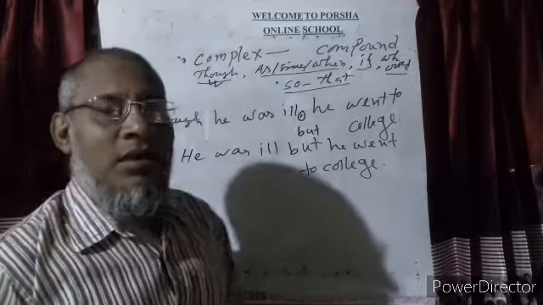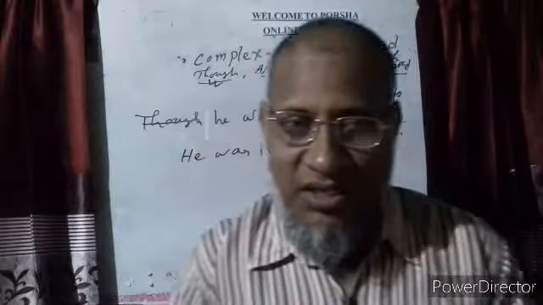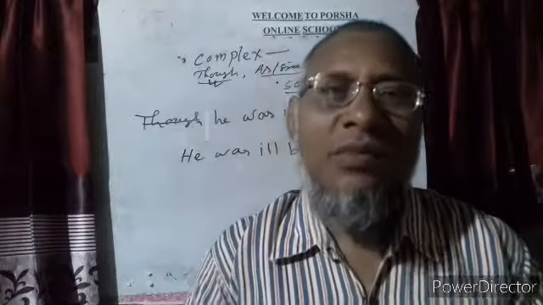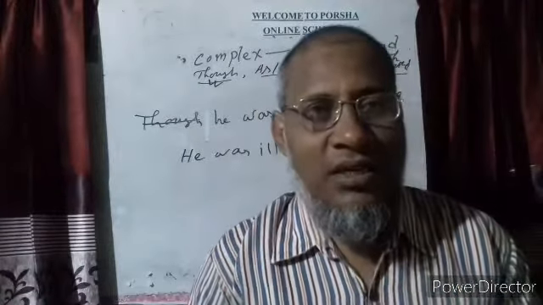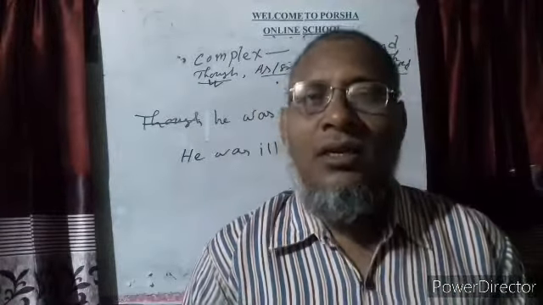But I have discussed in the previous class, in compound sentence, if the subject is similar, the second subject will be omitted. If the verb is similar in both parts of the sentence, the second verb will be omitted.